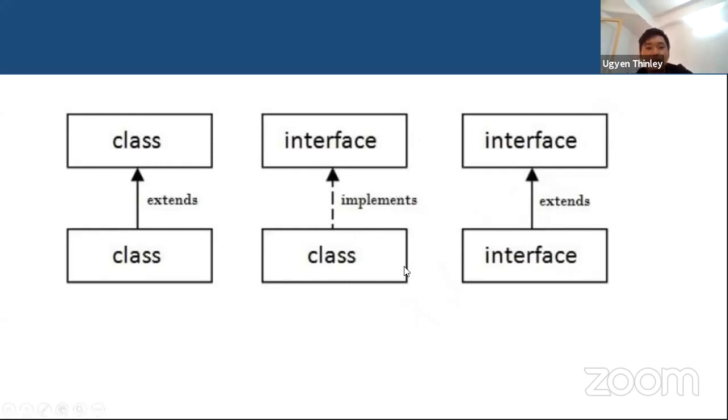This diagram depicts how you can extend your classes and interfaces. For example, in scenario one, you have a parent class, a normal class.